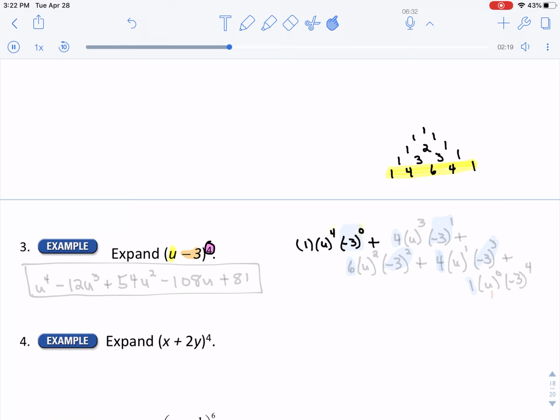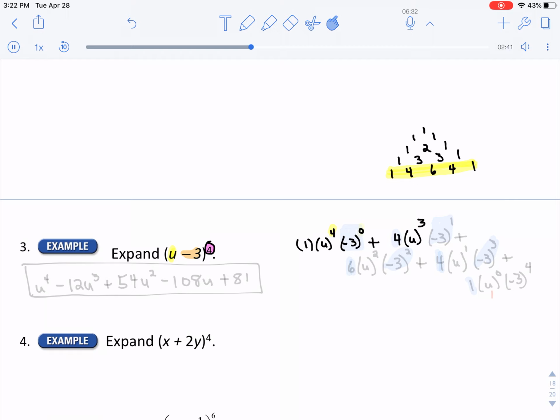Now we pick up the second number in Pascal's triangle, which is a 4. And then we pick up the first term, which is a u. And the exponent this time goes down 1 from what it was previously. So previously the exponent was a 4, and it's going down 1, so it becomes a 3.